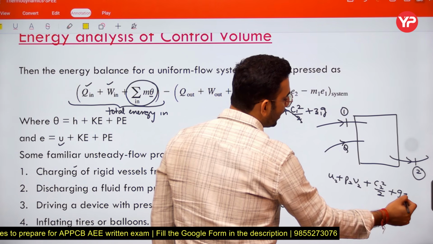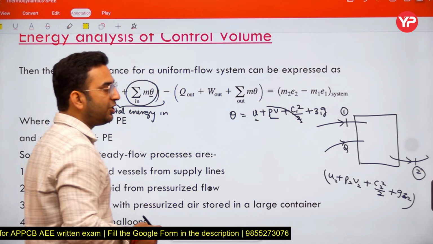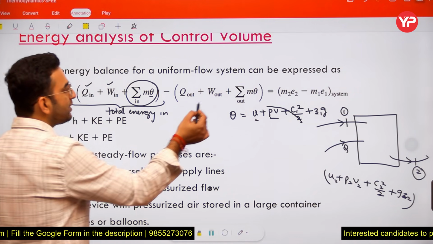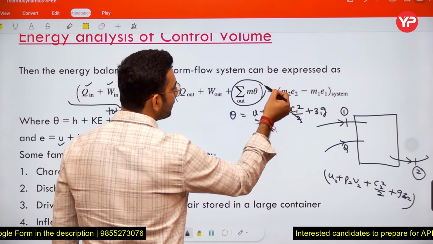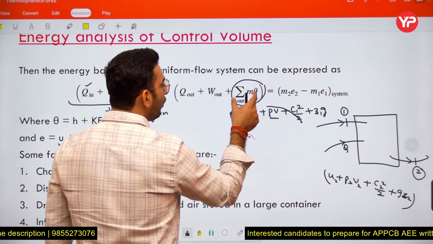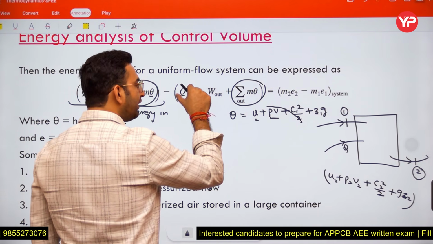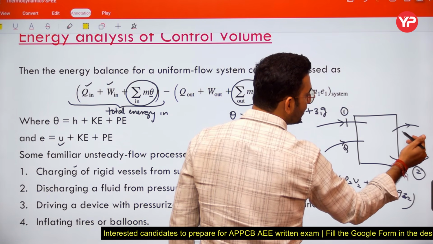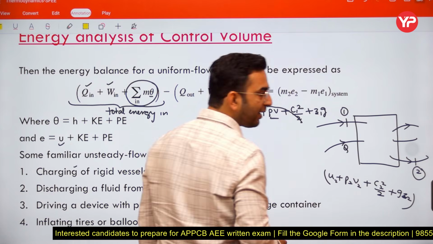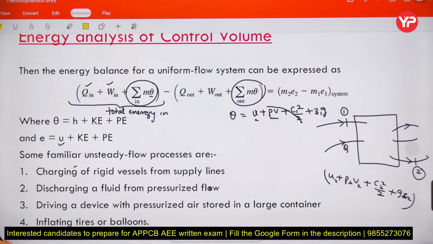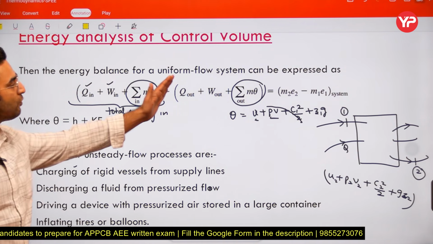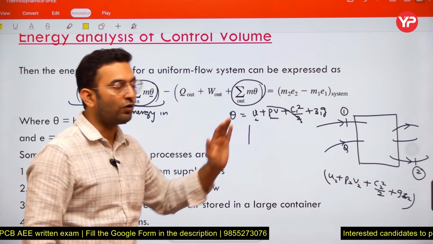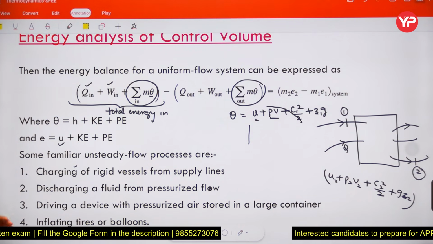Along with that, there may be energy due to its position also, so we may have a potential energy. So this represents the total amount of energy transfer due to the mass transfer, or due to the flow of the fluid. Along with that, heat and work may get transferred from the system. The difference between these two represents the total change in energy inside the control volume. That we have to remember.